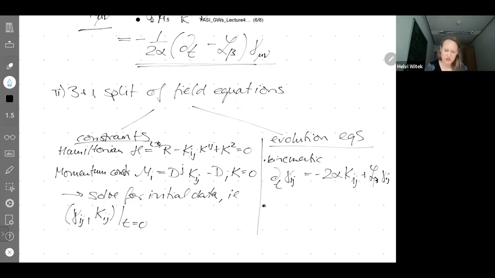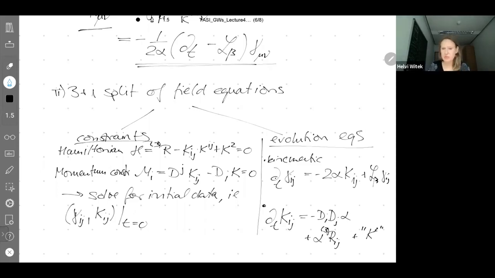The split of our field equation would also give us a dynamical equation. So we would end up with an equation for the extrinsic curvature, which is to leading order at least given by minus the second derivative of the lapse function plus alpha times the 3 Ricci tensor plus terms of the order K squared. I'm not going to write this out here.